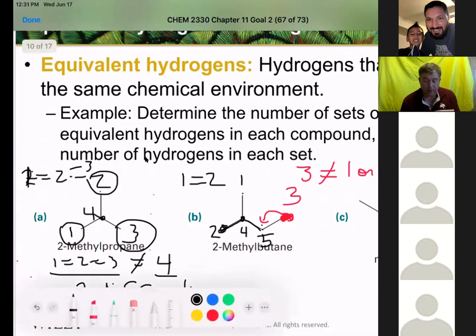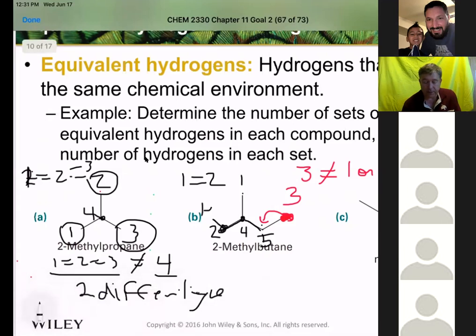Okay, so what we have to do is look at the connections here. So let's say we have a hydrogen here on this and a hydrogen here on here. So if we have a hydrogen-carbon bond, a carbon-carbon bond, and this carbon has 3 carbons on it, right? 1, 2, 3.